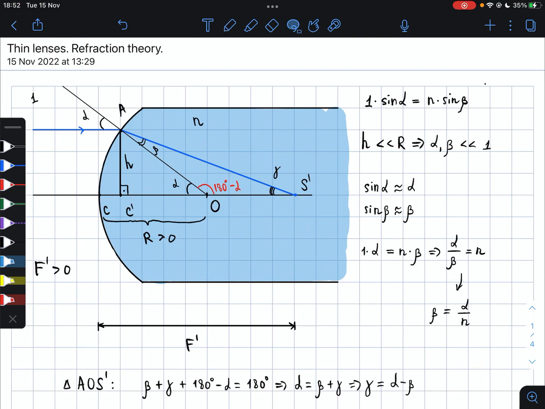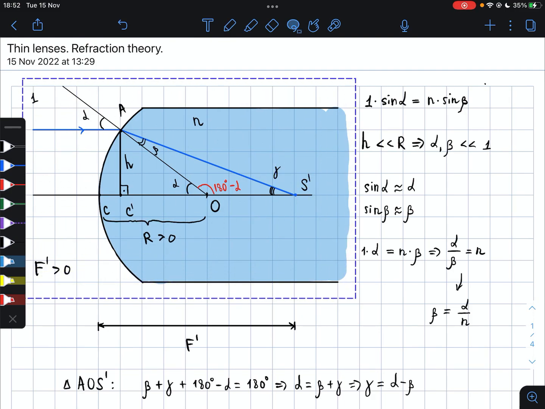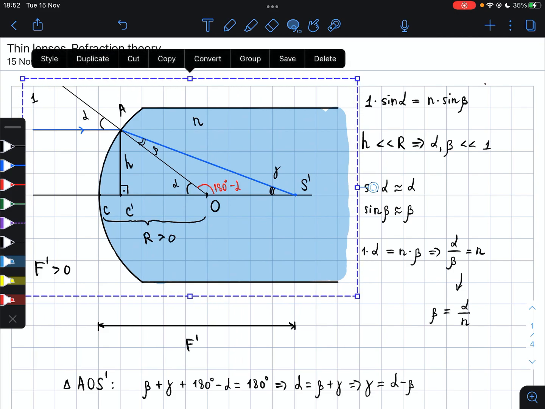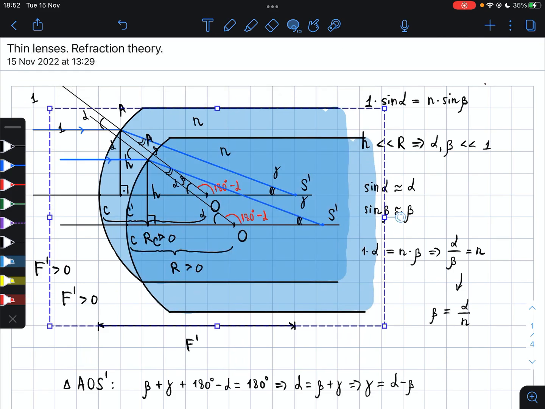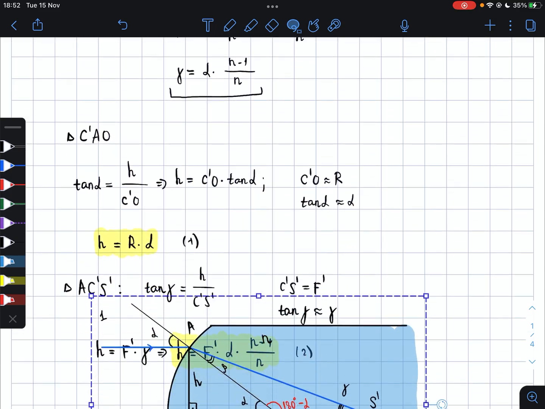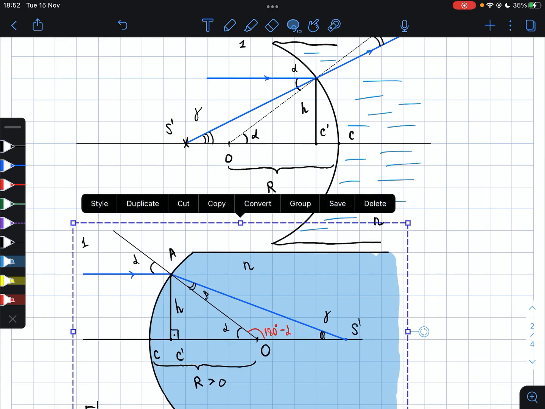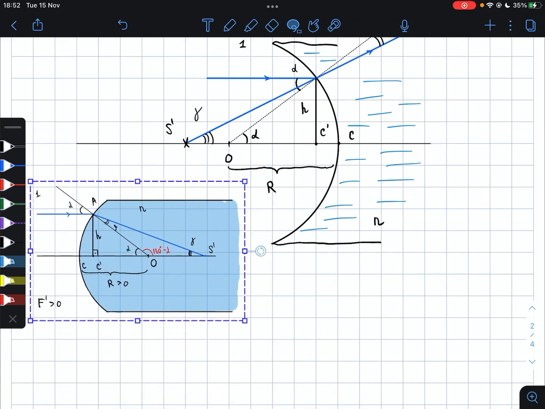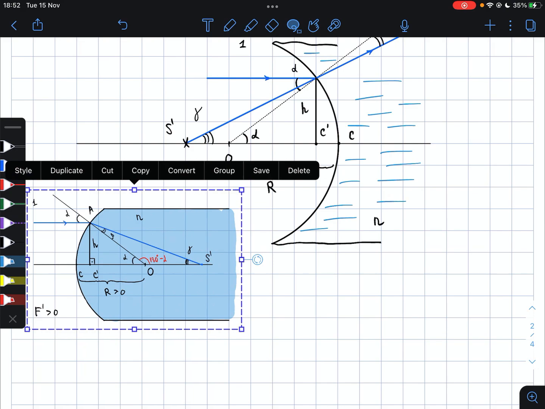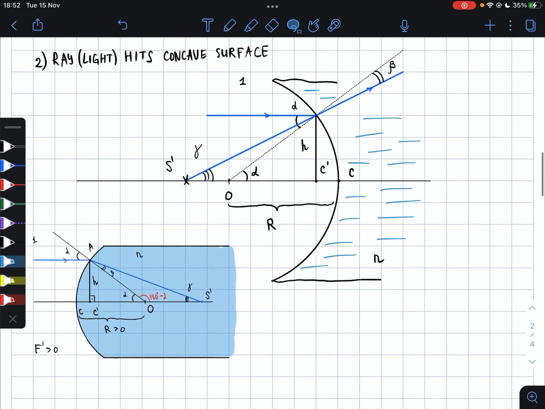If I duplicate it and move it near my new image, it will be exactly the same. Let's zoom in. As you see, they are the same. We have angle alpha, we have angle gamma. So it's just mirrored. It means that the formula will be the same.